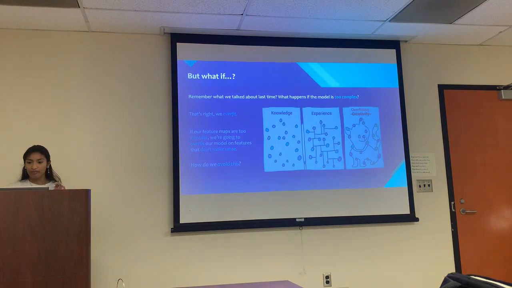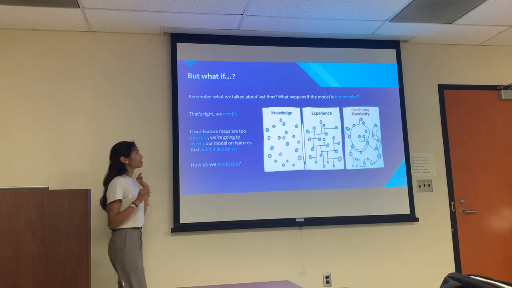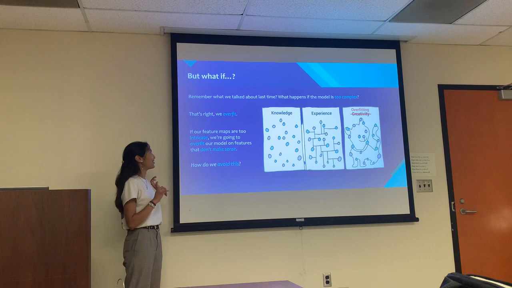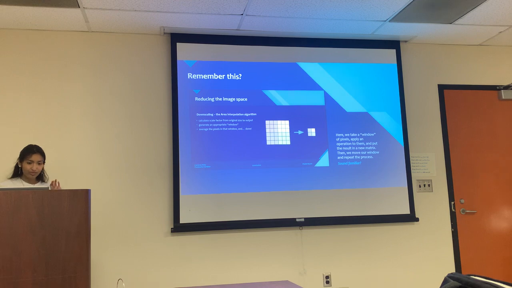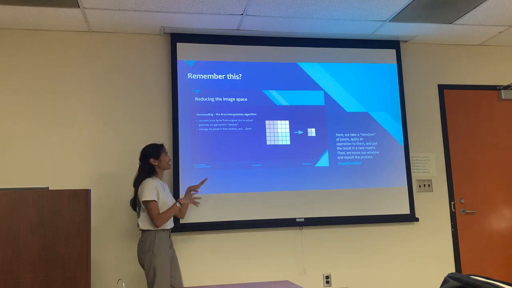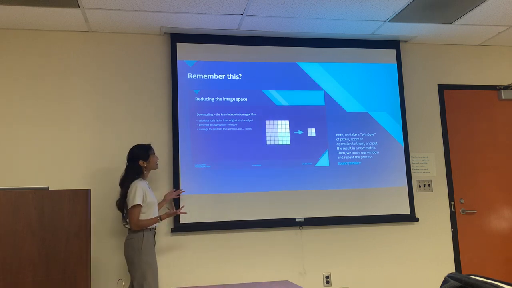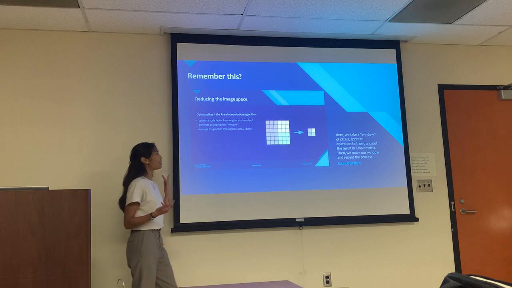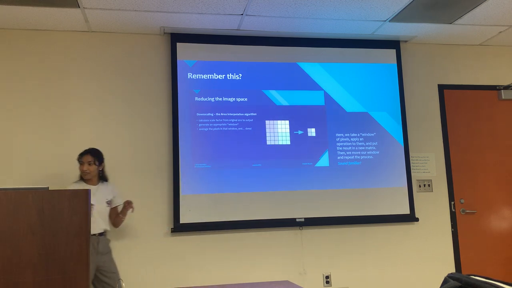When our model is too complex, it often leads to overfitting, and we don't want this. Do you remember when we talked about downscaling? We make this into this. What we would do is average the pixels in a window and apply it there.